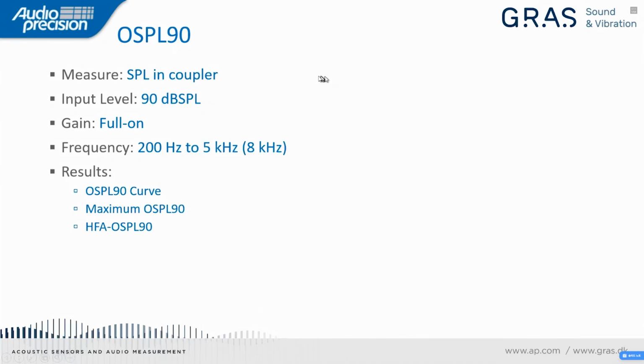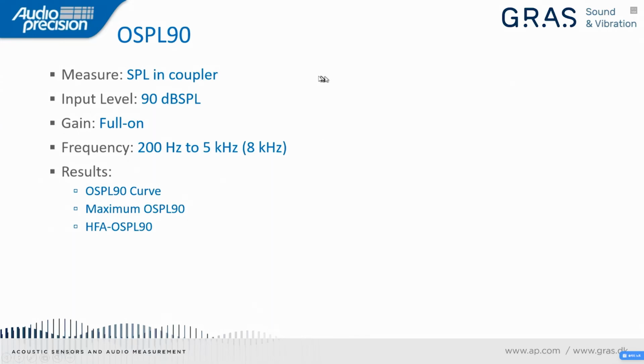The result would be the OSPL 90 curve, which may look like the one shown here on the right. One of the metrics we want to know from this is the maximum OSPL. We simply pick off the maximum value of the level or the gain at any frequency. Another metric is called the HFA OSPL 90.